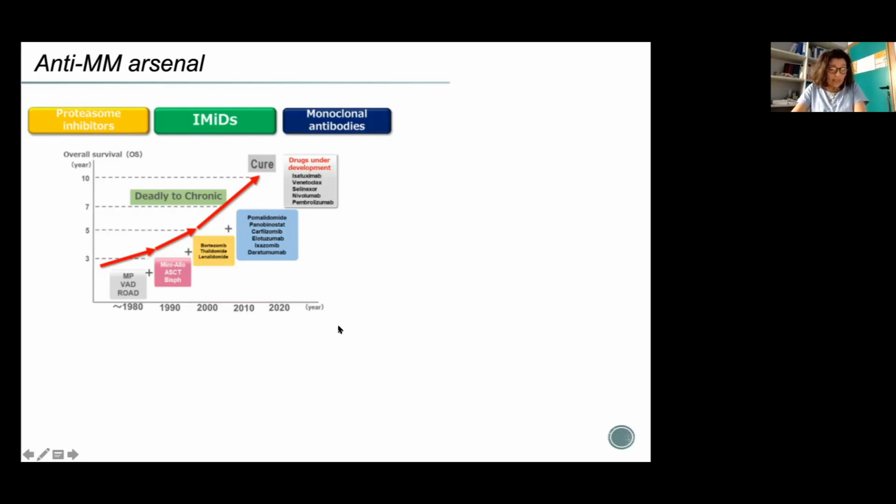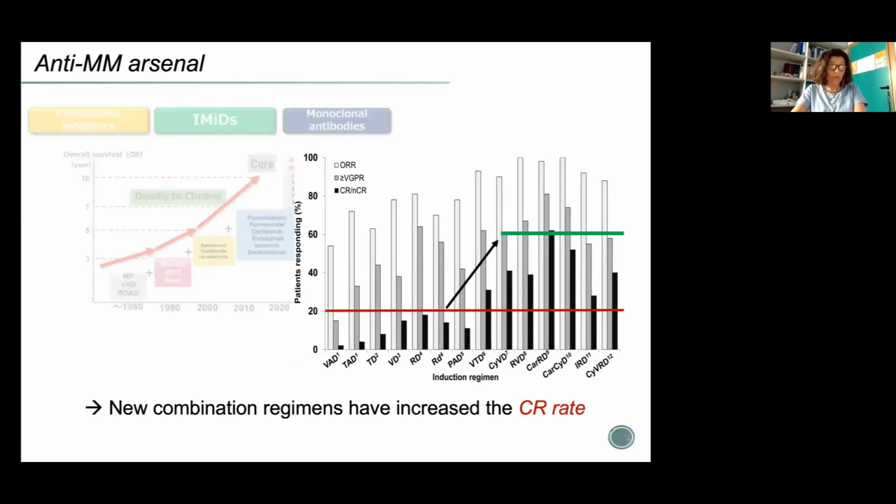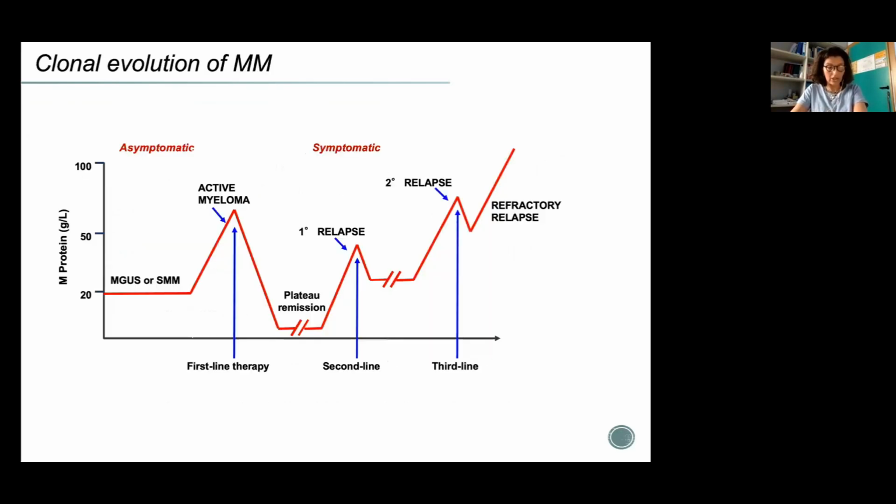The efficacy of these novel drug combinations has improved the rate of complete response among patients, and consequently the patient survival expectancies, which have increased from a median of 3 to a median of 8 to 10 years for young newly diagnosed patients.